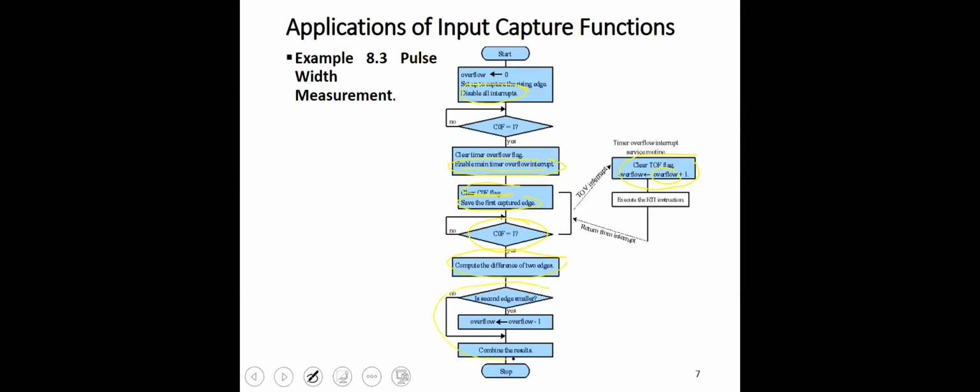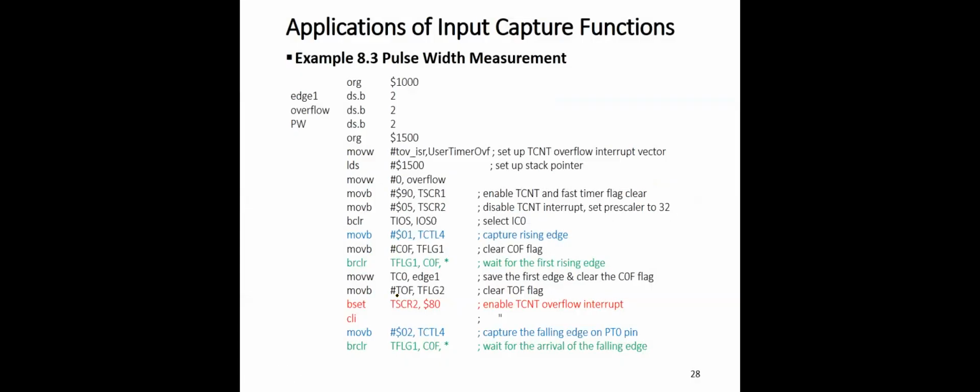Then we do what we had on the previous slide, whether the second edge is greater than the first edge or not. So we do the calculation. And again, the final calculation, which is the pulse duration, will be now in number of increments, number of cycles. Just multiply with the cycle time, which is 1.33 microsecond. You will get the pulse duration or width in seconds.